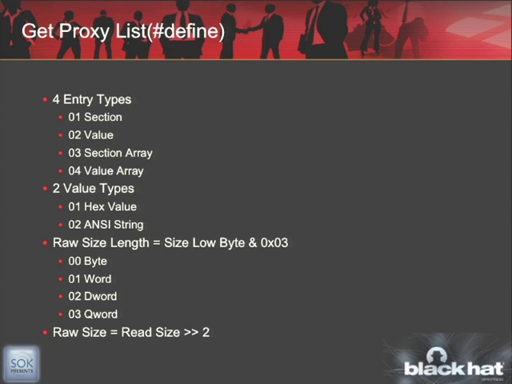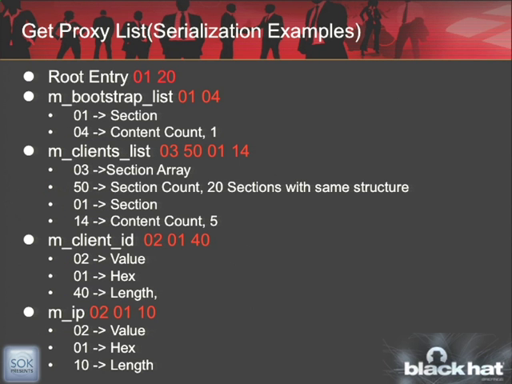I'll give some examples. The first one, root entries, 0120. Actually, in a single storage data, there is only one such entry. You can treat it as having no keyword, so you can consider the storage header and the version number as the keyword. The 01 means that's a section.